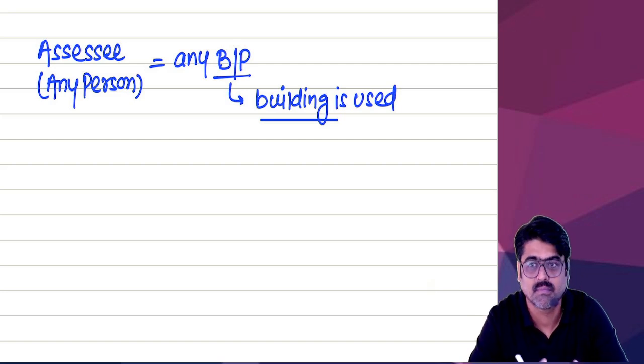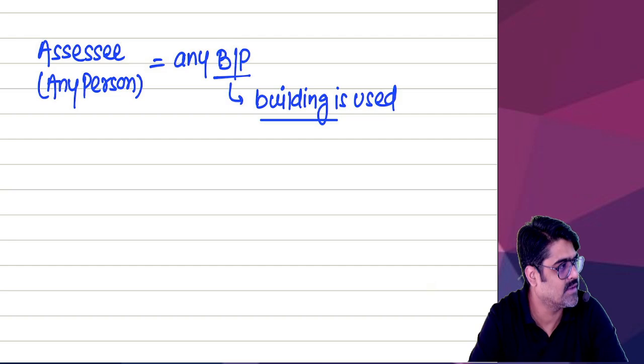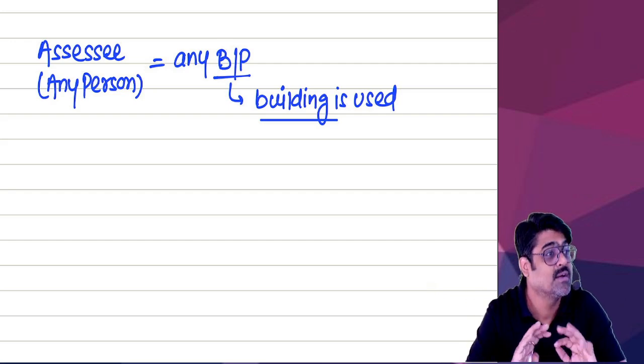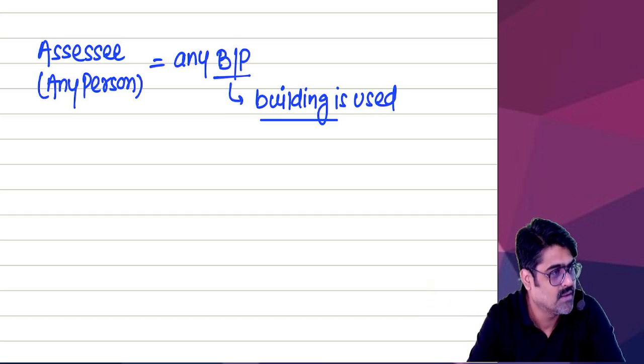This classroom is a building which is used in the coaching business. The academy's coaching business is there, no? So in the coaching business, this premises, this classroom is used. This is a building used in the business. Veena store, restaurant, that shop is a building used in the business.